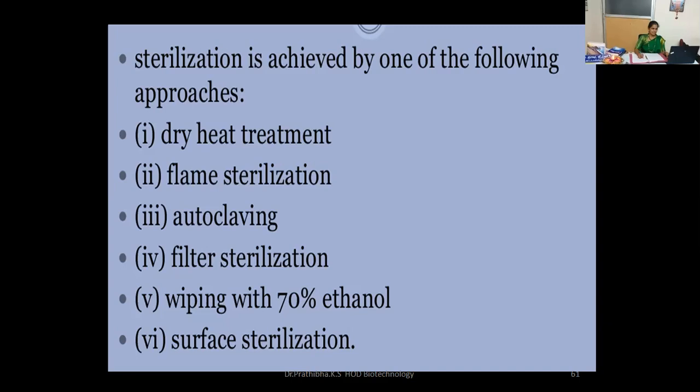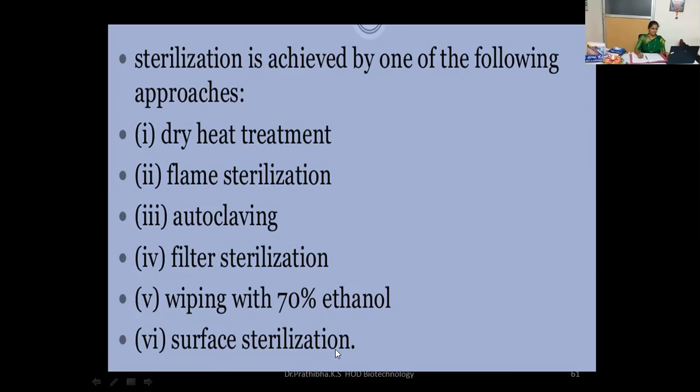Even glasswares are sterilized by wiping them thoroughly with 70% alcohol, and then this alcohol is allowed to evaporate. So that is about the 70% ethanol. How to prepare this? 70 ml of ethanol and the rest will be distilled water.